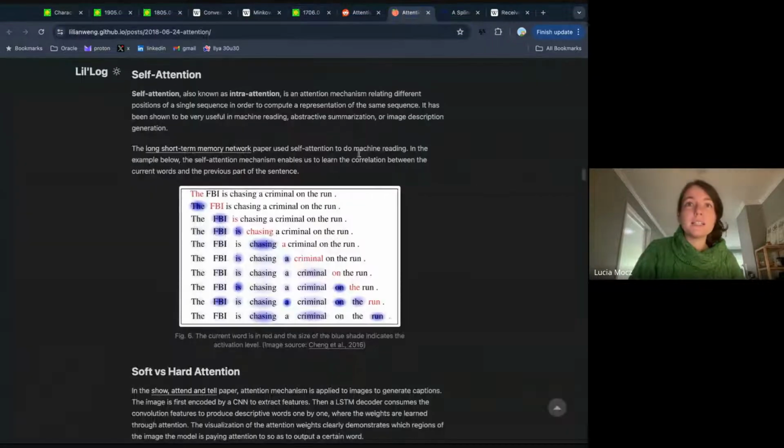And this is a very nice pictorial depiction of what it does, from Lilian Weng's blog: given your input, the FBI is chasing a criminal on the run, it gives a type of weighting for each of the words, how relevant they are within a sentence when you're analyzing the sentence against each other.